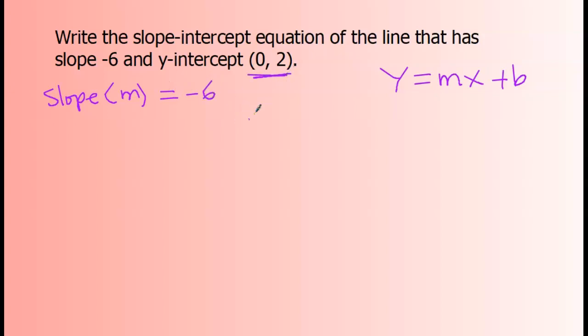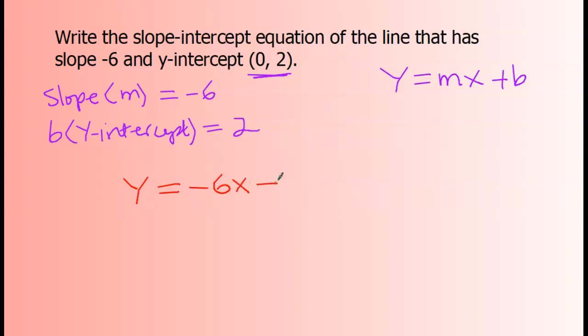And here the y-intercept has been given to us as a point. So the b, which happens to be the y-intercept, is 2. So therefore, putting everything together, we got y equals -6x plus 2. Ta-da!